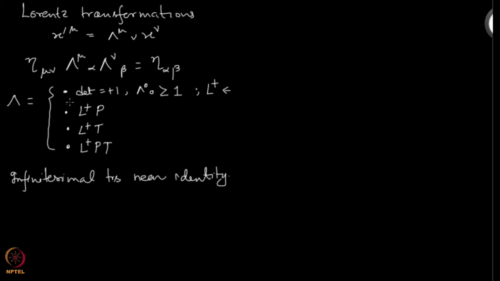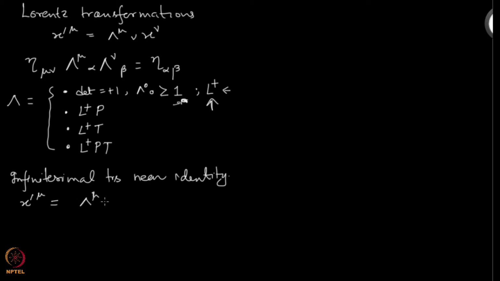Clearly I am talking about this part, because the identity element is only in here. The other sets do not include identity elements because parity and time reversal are discrete transformations. So we are in this set, and any transformation near identity I can write as follows.